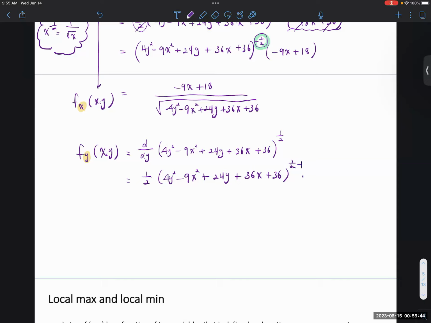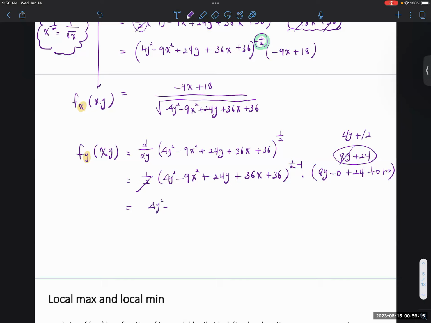And inside the chain rule, now x is going to be the constant. So 8y minus 0 plus 24 plus 0, right? So we have that. Again, we're going to have 8y plus 24, and you can cancel with 2. So it's going to be 4y plus 12. Am I correct?